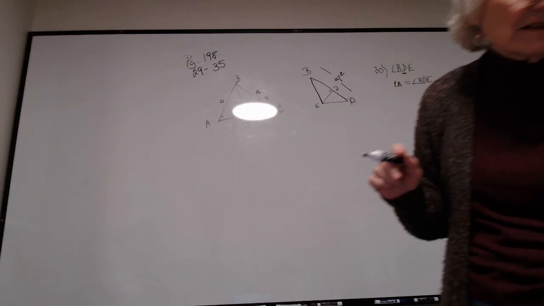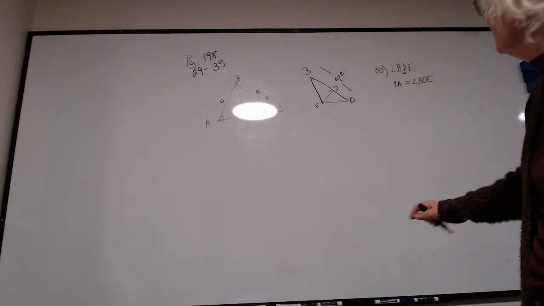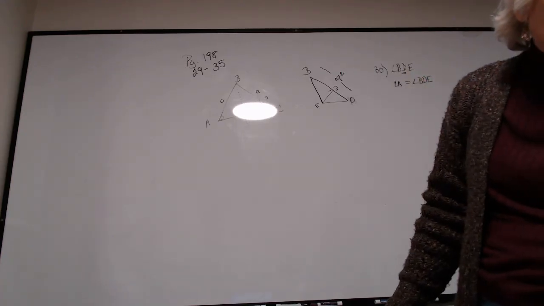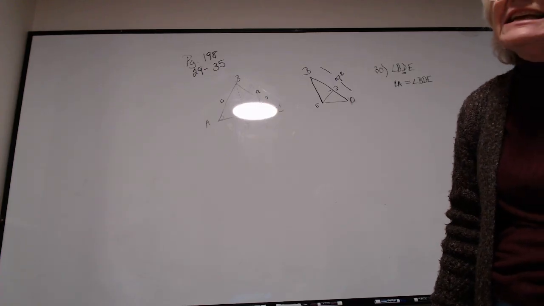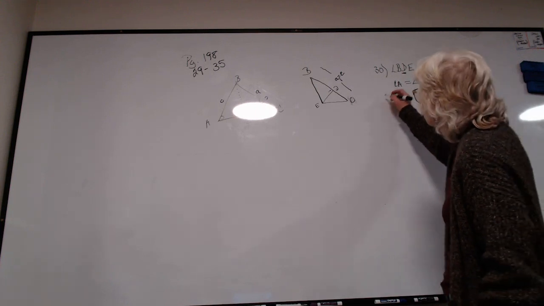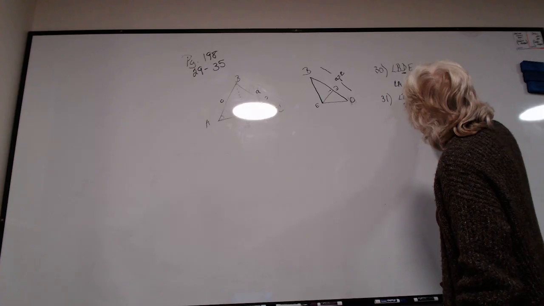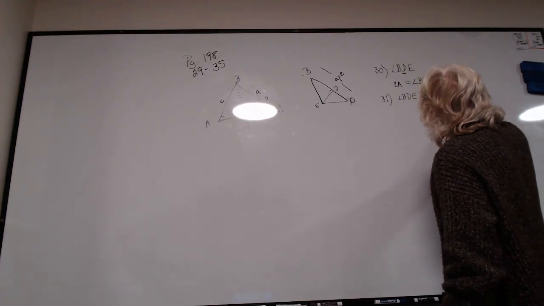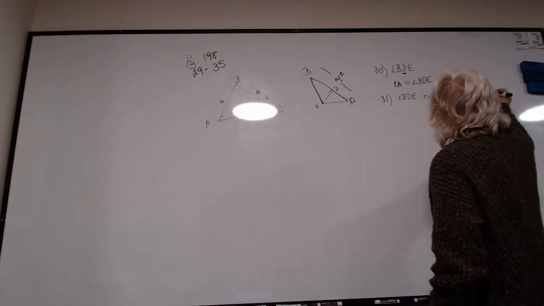It says, in what way is angle BDE, what we just talked about, related to triangle DEC? So here, 31 is how angle BDE is related to triangle DEC.